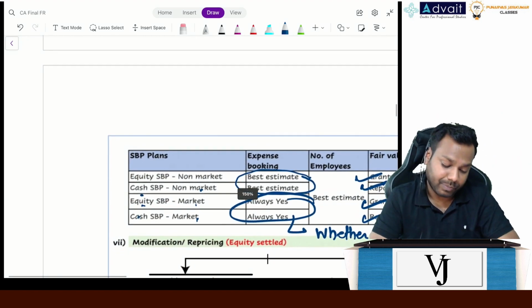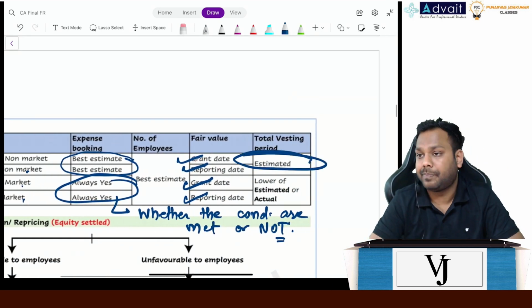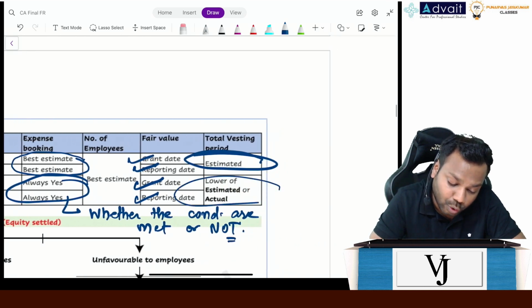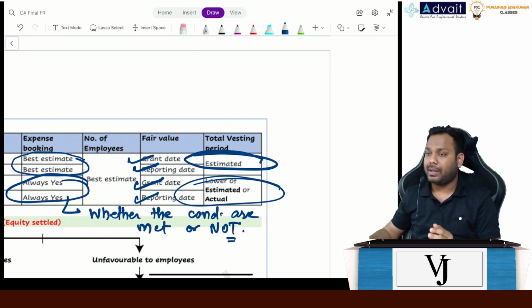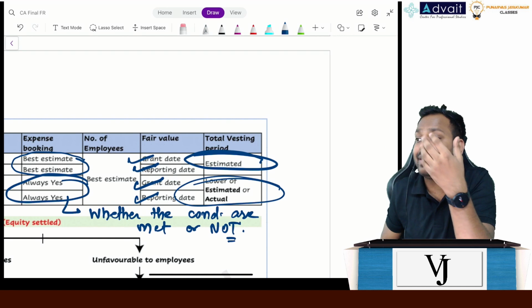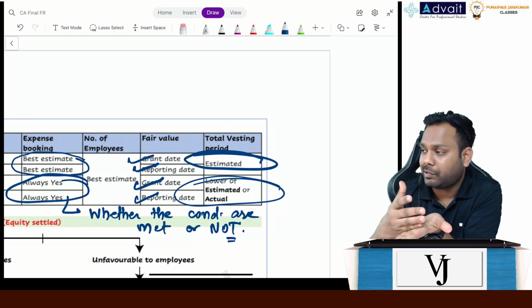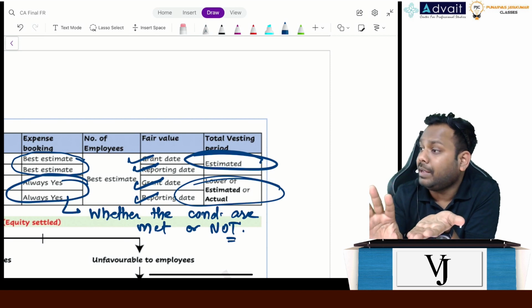Total vesting period. For non-market condition, I will always take the estimated period. But for market condition, I will take the lower of estimated or actual. Understand? Say there is a market condition that I will give you the ESOPs once the market price is achieved. First year not achieved, second year not achieved, third year not achieved. The vesting condition was ideally 3 years.